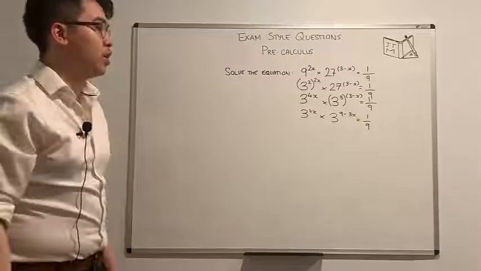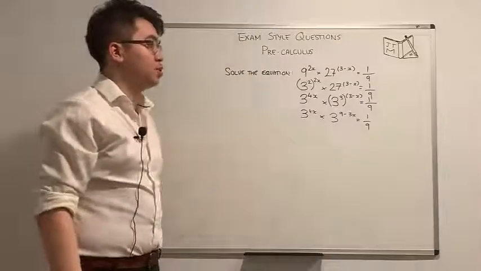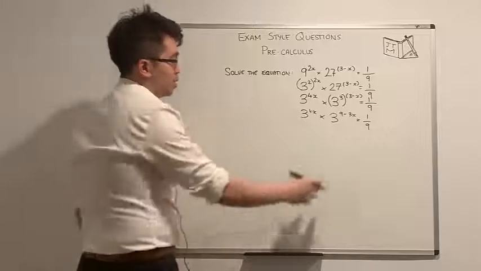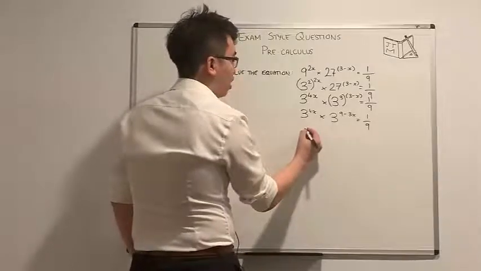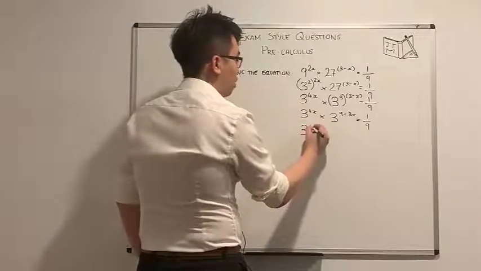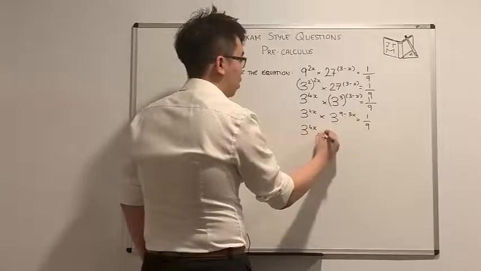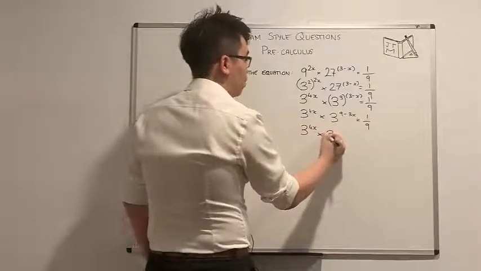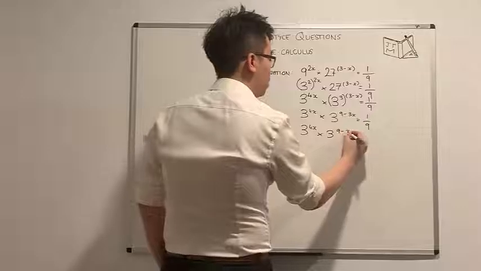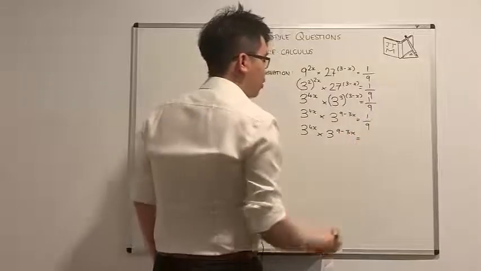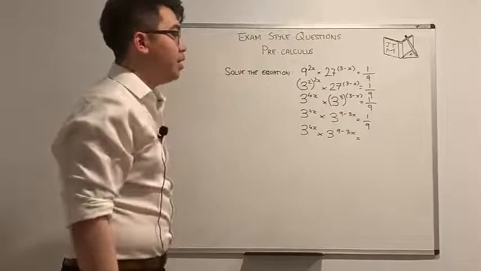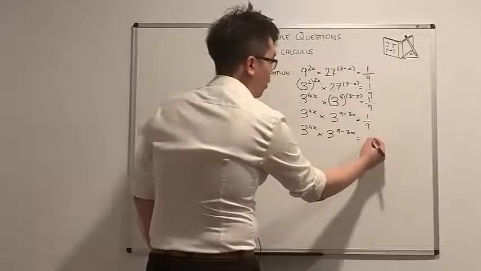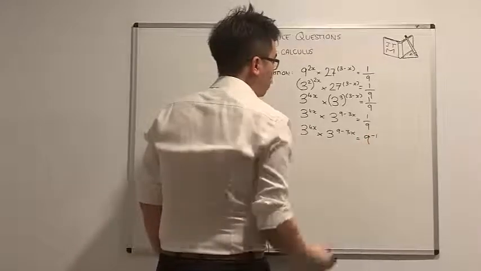Now we've successfully converted the first two terms into base 3's. Now we're going to attempt to do so with 1 over 9. Now can 1 over 9 be converted into a base 3? Well, let's try to first convert it into a base 9, which would give us 9 to the power of minus 1.